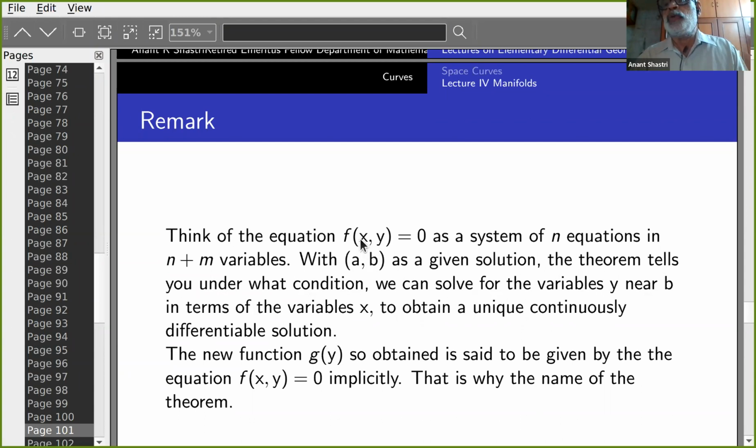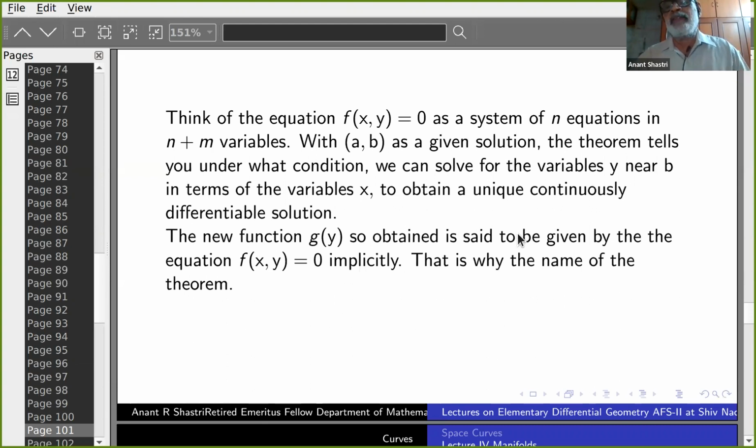Solution means what? Finally, this g(x) should satisfy that f(g(x), y) is equal to 0. The new function so obtained is said to be given by the equation f(x, y) equal to 0 implicitly. It's a unique solution in a neighborhood. This equation defines this function. That is why it's called the implicit function theorem.